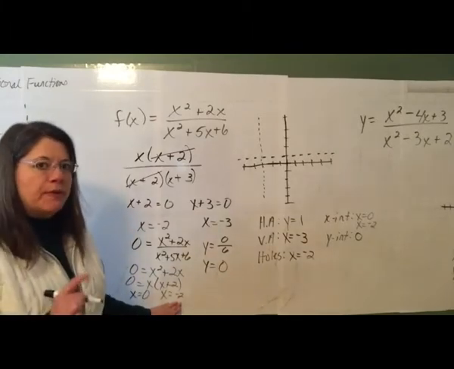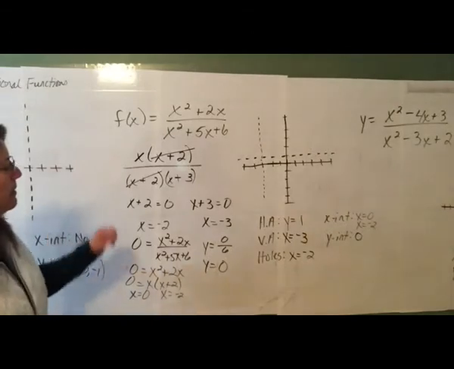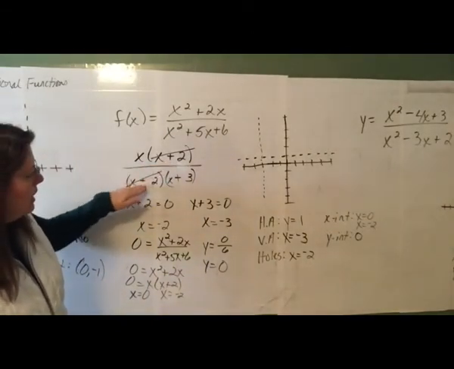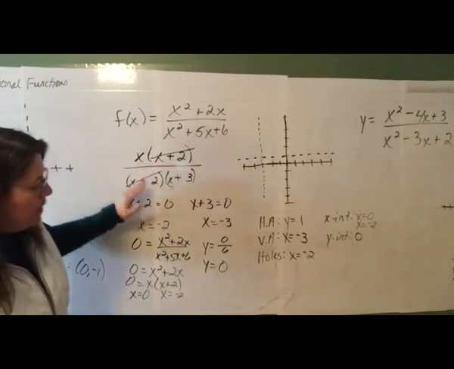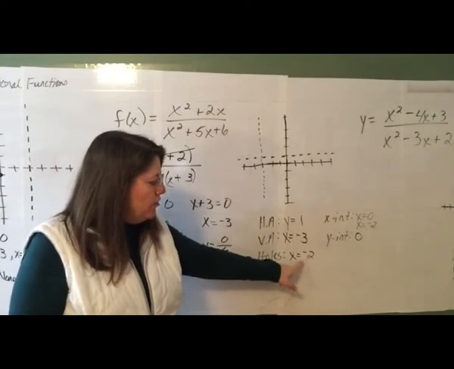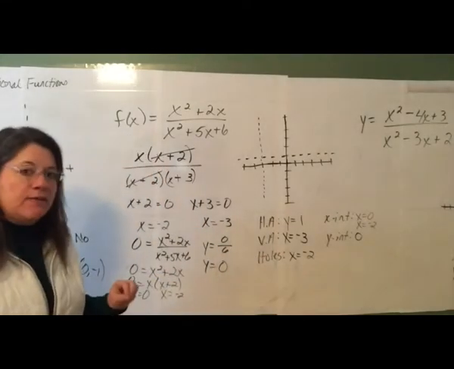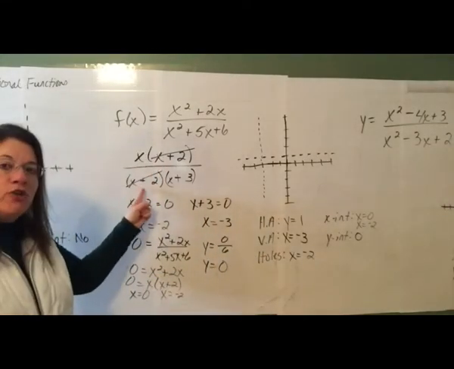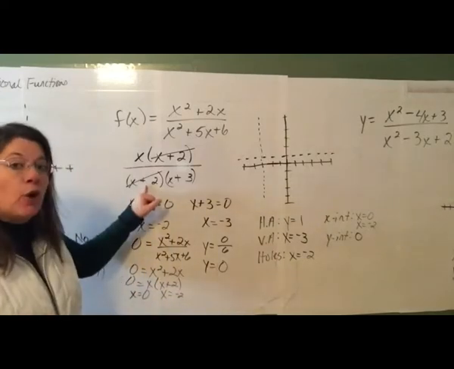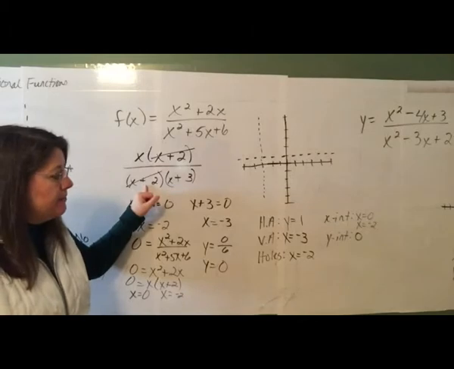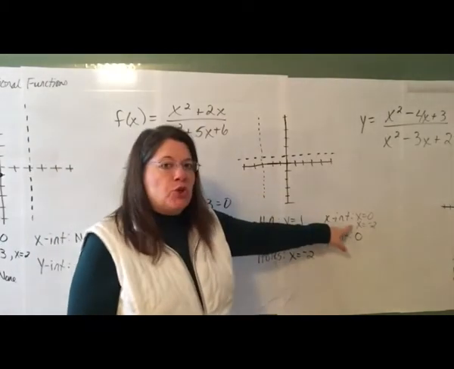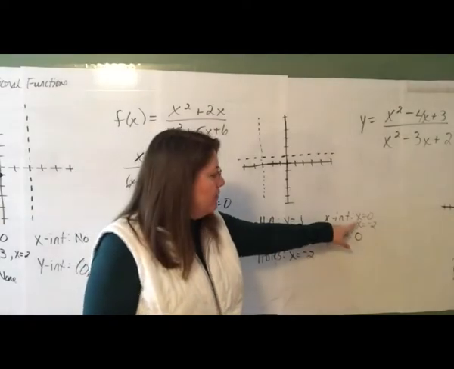Well, there's a problem with this, because up here, didn't we learn that x equals -2 canceled out, and that we have a hole at x equals -2? So since we have a hole at x equals -2, since that function is undefined at x equals -2, because at -2 we have a 0 on the bottom, making it undefined, we can't say that x equals -2 is an x-intercept. So this is kind of a special case.